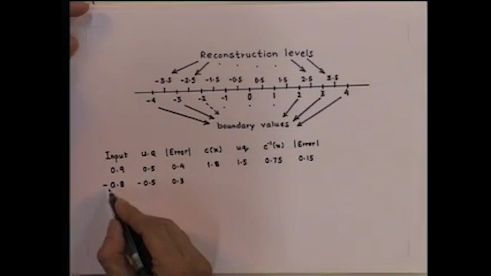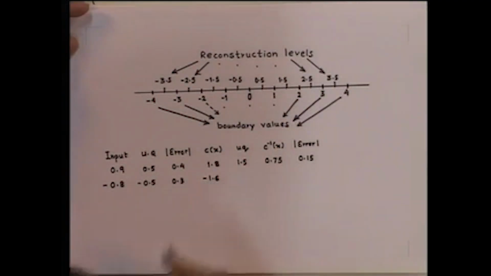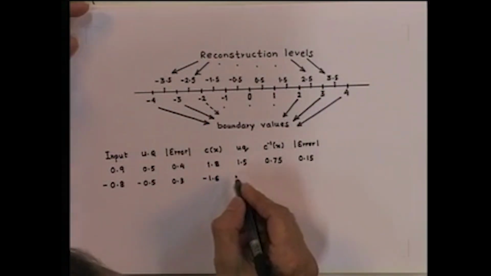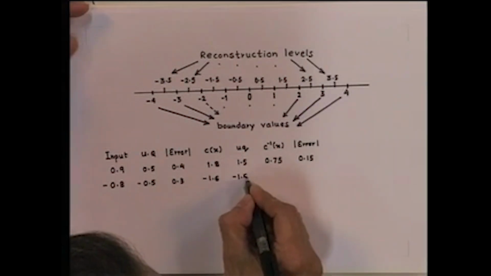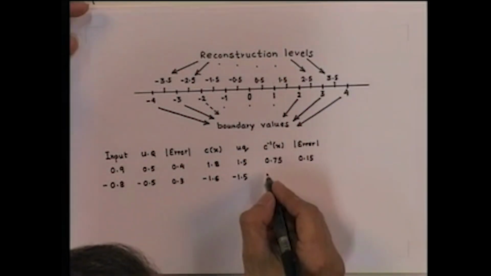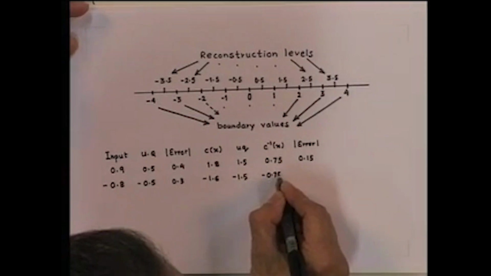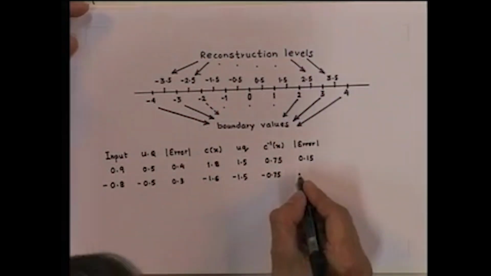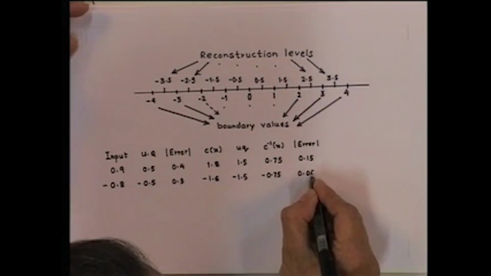Now, if we pass this through a compander, the output would be minus 1.6, which when uniformly quantized will give the value of minus 1.5, and which when it passes through the expander will give minus 0.75. So, the error in this case is again less, and it is equal to 0.05.